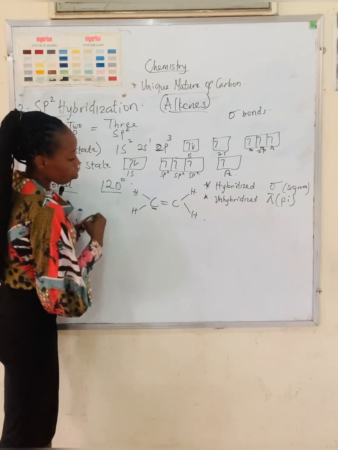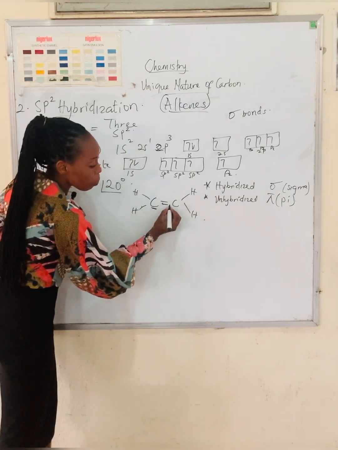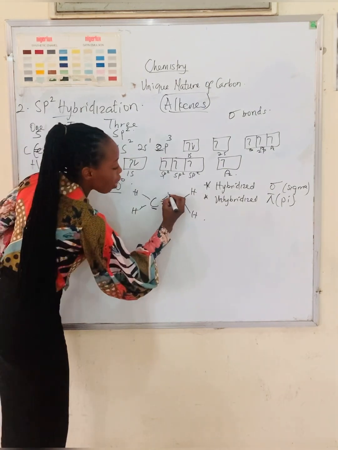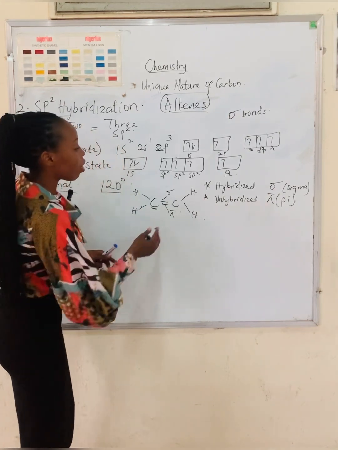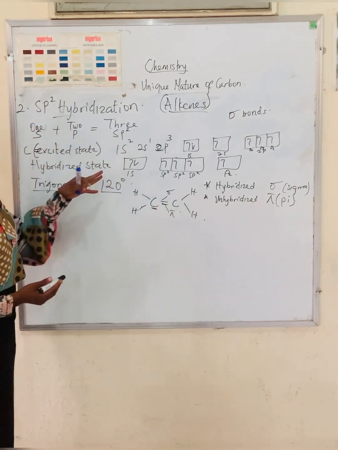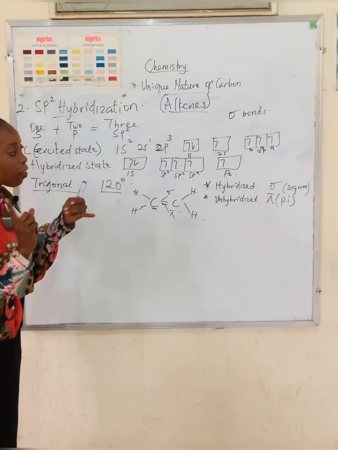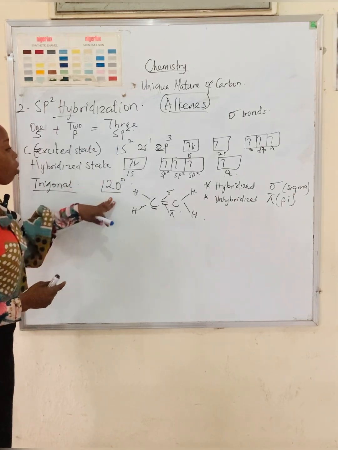So let's count: 1, 2, 3, and the last one will be the pi bond. Between these two carbon atoms, we have one sigma and another one pi bond. So this is another thing that you should note in SP2 hybridization. We have 2 kinds of bonds here, sigma and pi. I hope you understand. And the bond angle is 120.